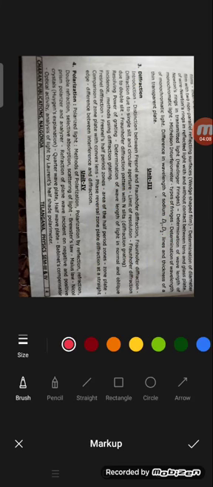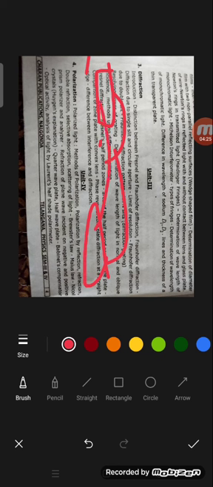Then Fresnel diffraction with the half period zones and with the zone plates, comparison of the zone plate with the convex lens, phase reversal of the zone plate, and diffraction at a straight edge. So here we use the zone plate for Fresnel diffraction, and we use slits like a single slit, double slit, and number of slits to find the Fraunhofer diffraction.